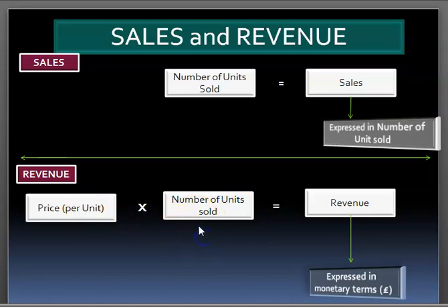So if I put something down here, we can say something like sales. The number of units sold equals sales.